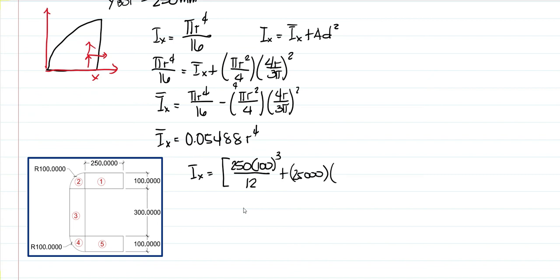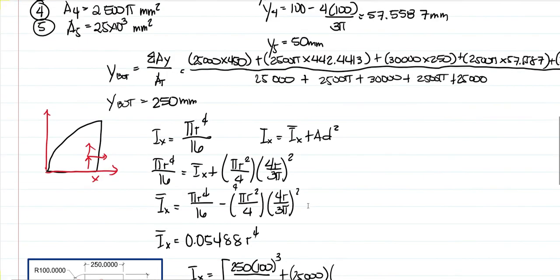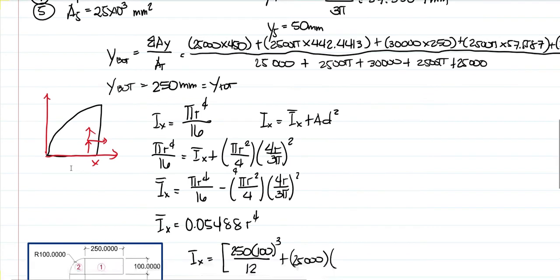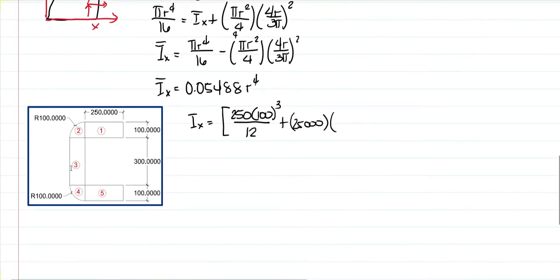Here, we need the y bottom of 250. Since that is also equal to y top, we take the 250 from y top and subtract the centroid of this area, which is 50. So, that is 250 minus 50, squared.